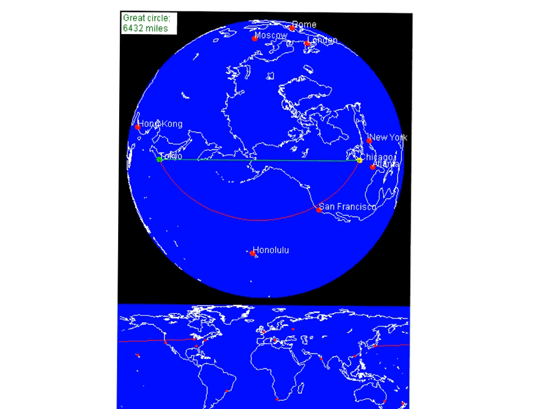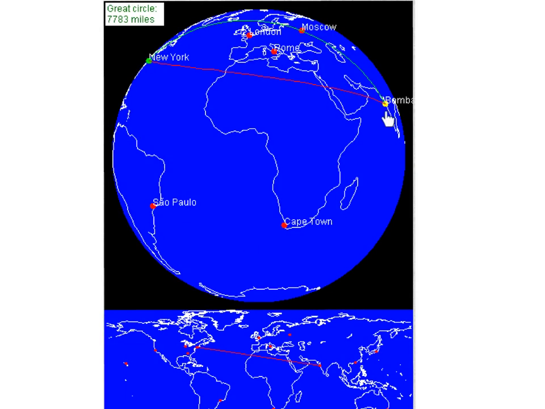Let me show another example. Imagine if we wanted to fly from Bombay, India to New York City. Okay, again, on a flat map, it looks like the shortest distance goes across the top of Africa, across the ocean to New York. That appears to be the shortest path on a flat map.